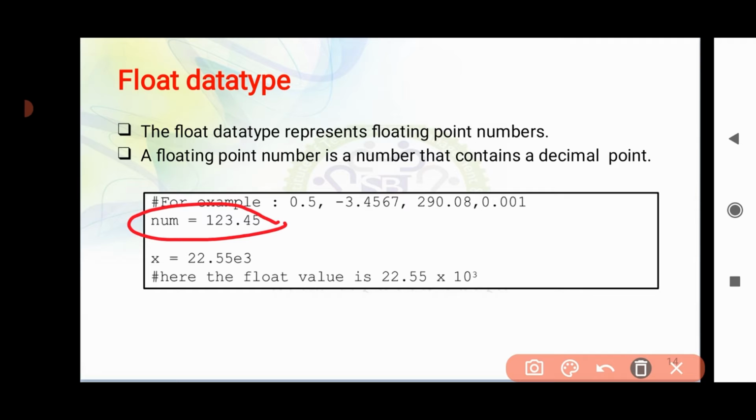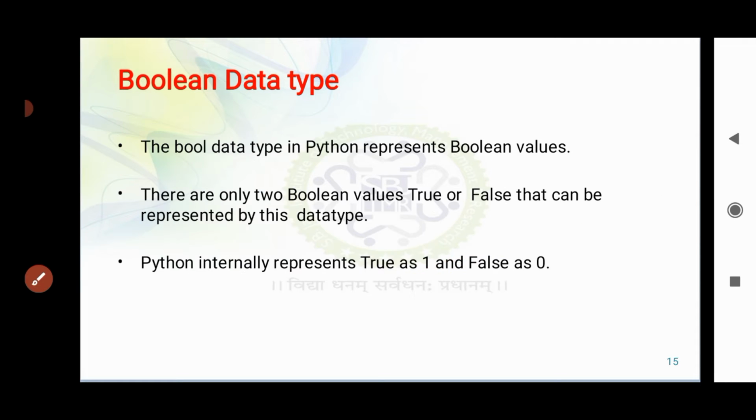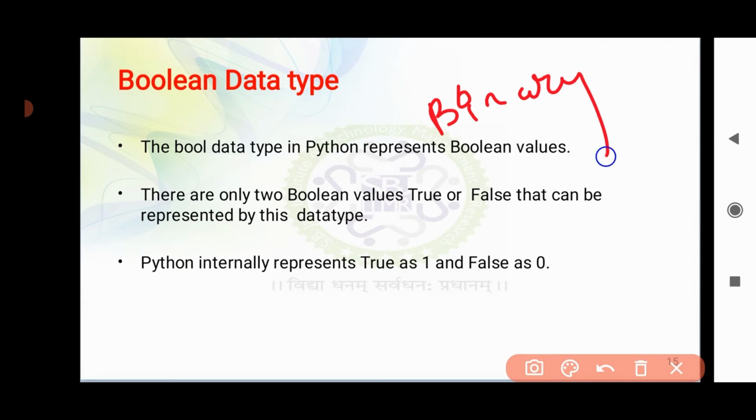Moving towards the next data type, we have Boolean data type. Now Boolean, the word means two, or binary. So Boolean can also be called binary. Now binary means having two values. So what are those values? One is 0 and another is 1.